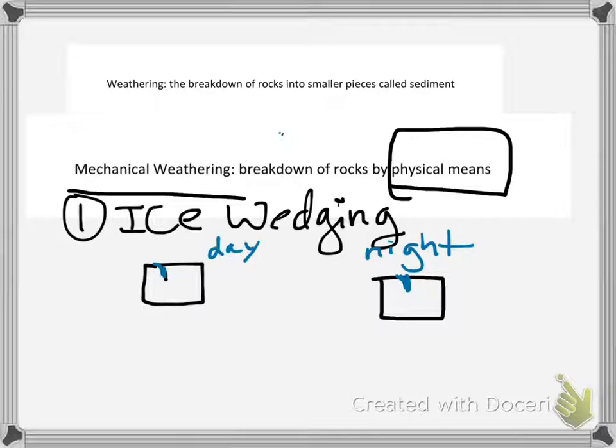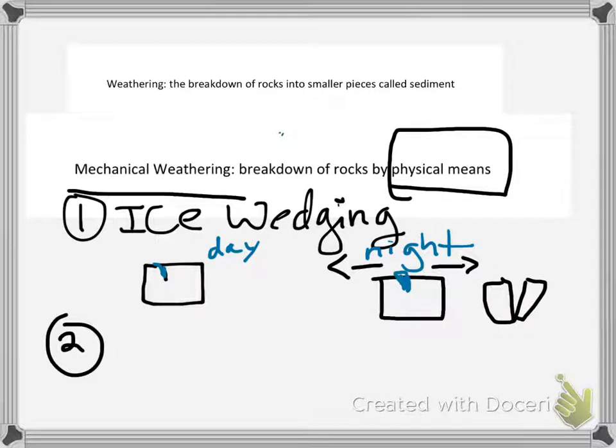Water expands 9% when it freezes, and so that causes the rock to move apart. So literally ice is wedging in the crack and causing the crack in the rock to get bigger. Over time, as ice wedging happens again and again, you're going to get the rock breaking in two.